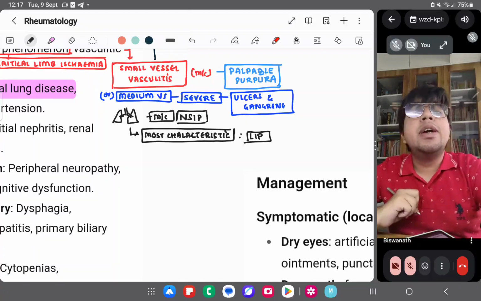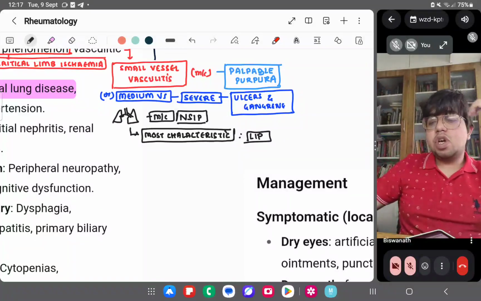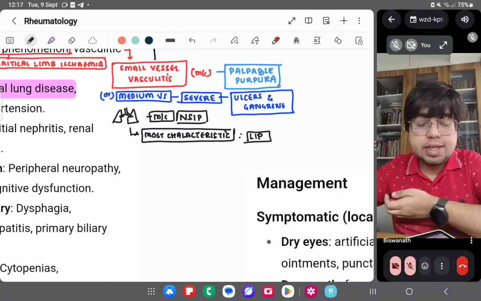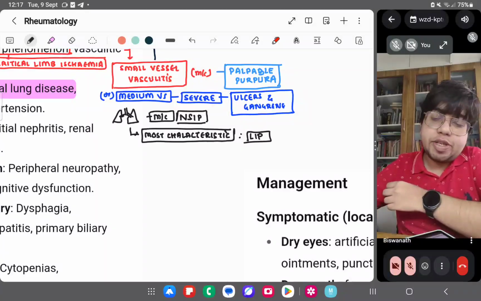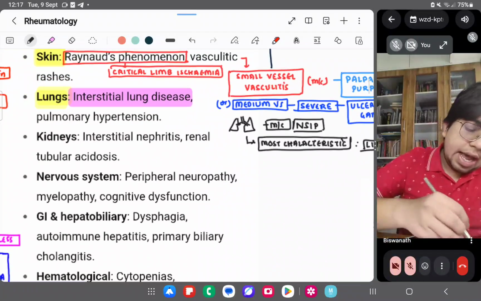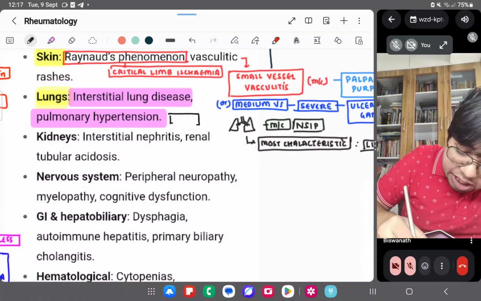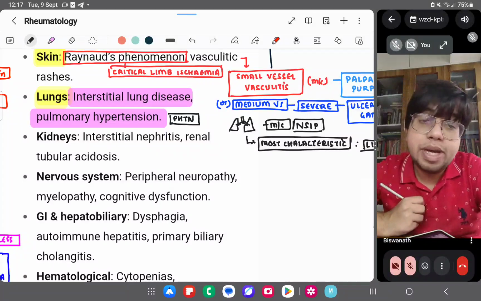It is lymphocytic interstitial pneumonia. Most common is non-specific interstitial pneumonia, and the most characteristic lesion is LIP, lymphocytic interstitial pneumonia, which can be associated with Sjogren syndrome. It can also be associated with pulmonary hypertension, which you commonly write as PHTN.